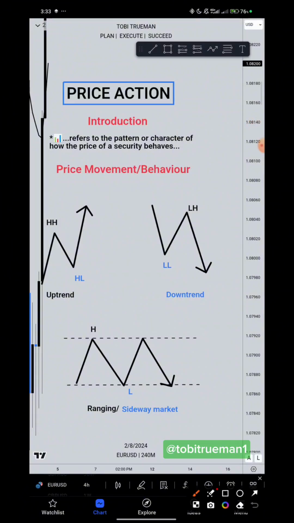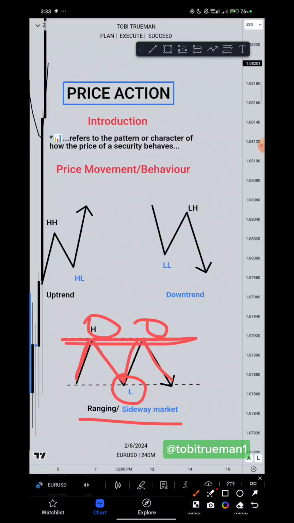Then the last one is ranging or sideways market. In a ranging or sideways market, price is just moving up and down, but not breaking the higher high or the lower low. It's not breaking any of them, it's just in between a range. In our uptrend, price is taking out the higher high.